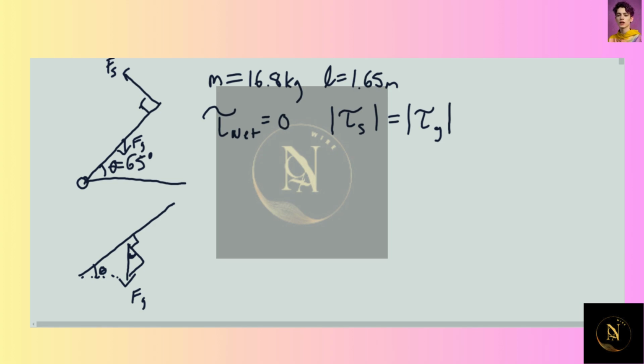So what we're actually going to do is find the torque created by gravity, and then since the torque of the string is equal to that, we'll find the magnitude of the torque of the string that way.